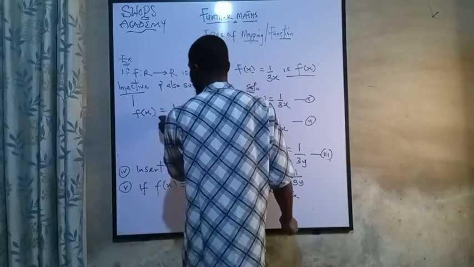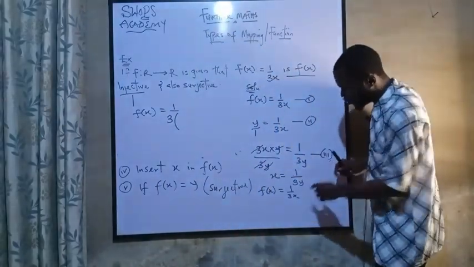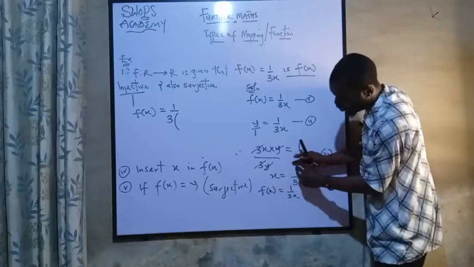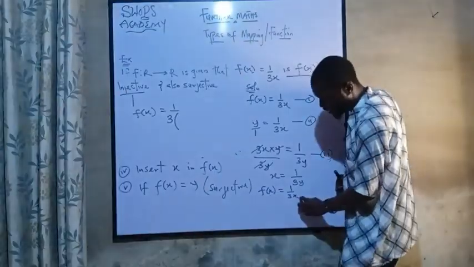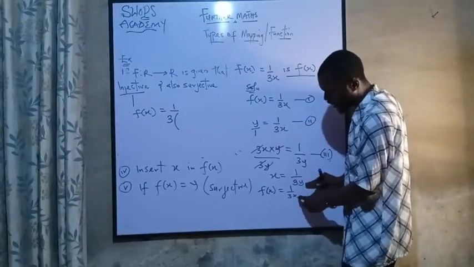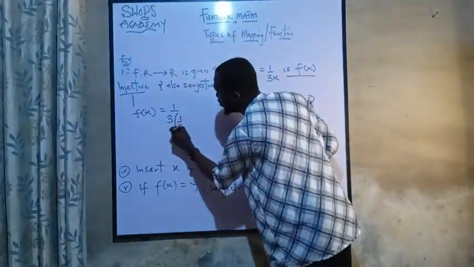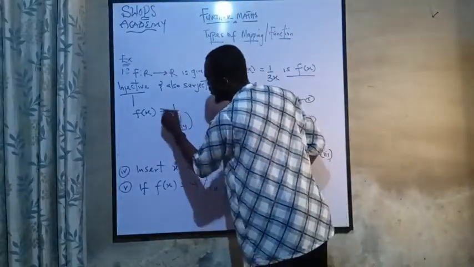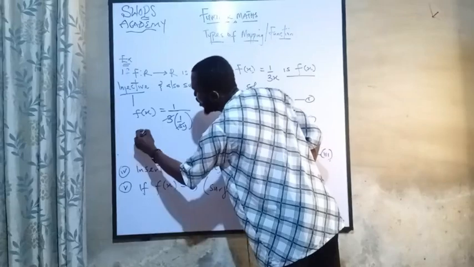Times, right? It will now be 3, open a bracket. What is the value of our x? 1 over 3y. So this is 3x, I'm seeing x here, so I will change x to 1 over 3y. What would that be? 1 over 3y. Then what is the next thing I'll do? 3 can settle 3 here. What are we left with?